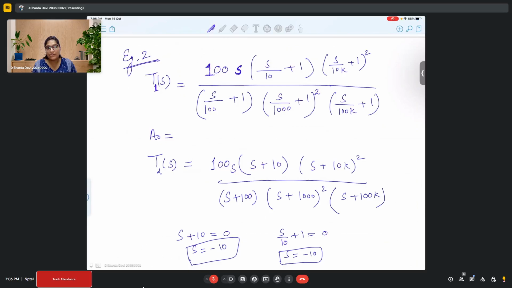Agreed? Yes. What about the DC gains? So that would be different. Is it same or different in both the cases?